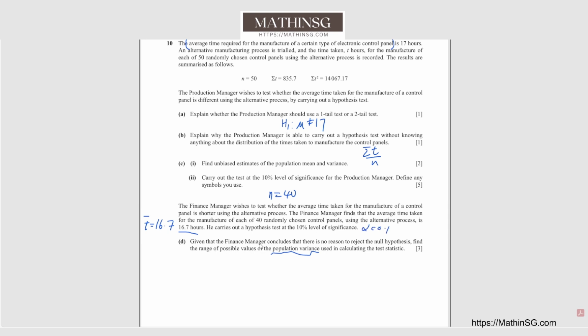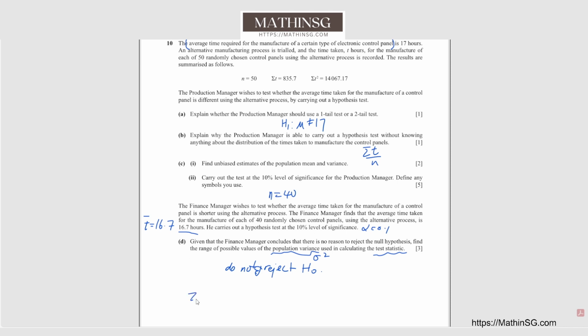Given that the finance manager concludes that there's no reason to reject the null hypothesis, that means we do not reject H0. Find the possible values of population variance, which is sigma square, used in calculating the test statistic. So for this one, they already give you a hint. You need to find your test statistic and see whether it lies in the critical region or not.